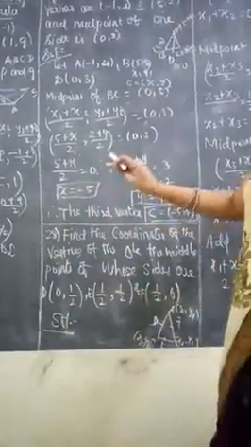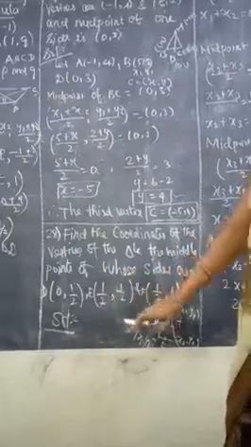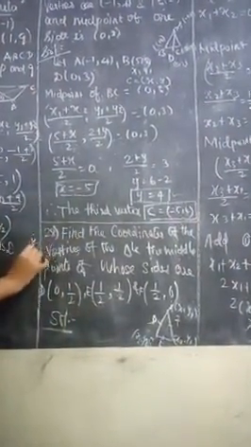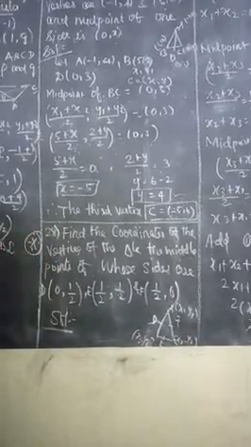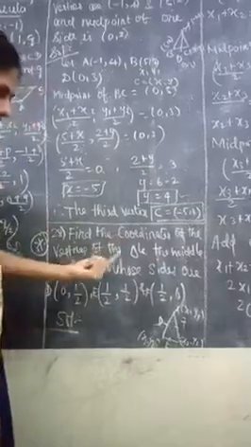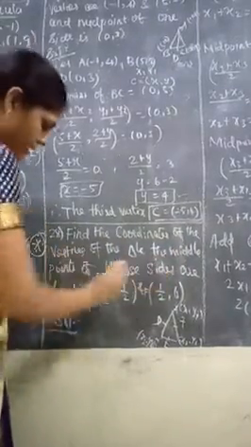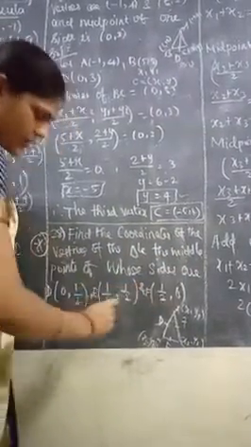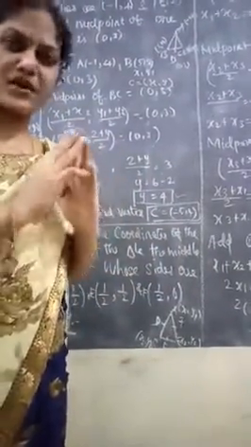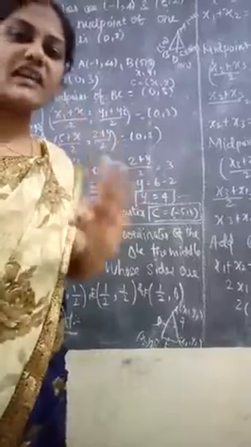This sum is also based on this, but here we have 3 cases. It's a very important model, the 28th question. Listen clearly. Find the coordinates of the vertices of a triangle whose midpoints of the sides are given. Here we have one triangle and they gave the 3 midpoints.